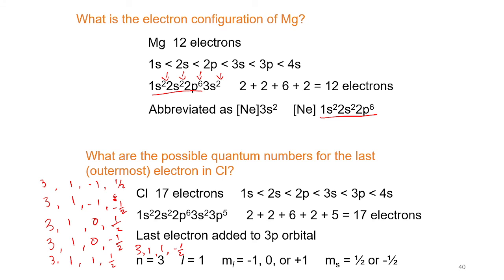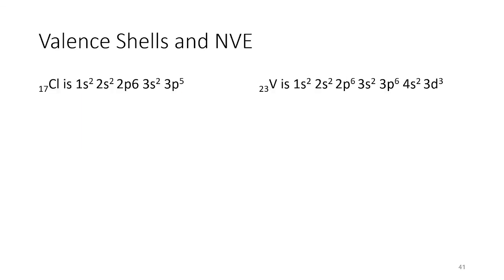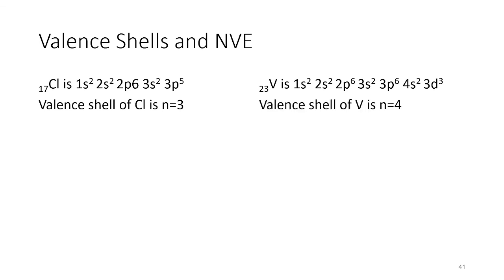Okay, so we were talking about the outermost shell. So we may be talking about what we call valence shells and NVE, or number of valence electrons. In that notion, the valence shell of chlorine is n=3, right? And the valence shell of vanadium is 4. Why is that?